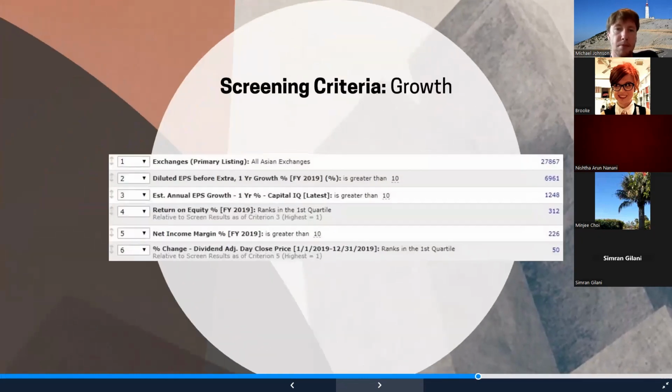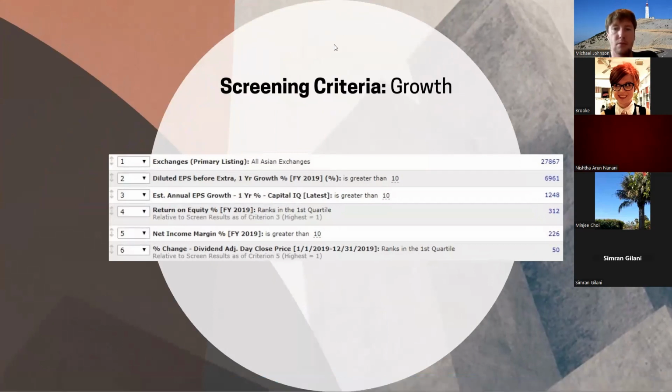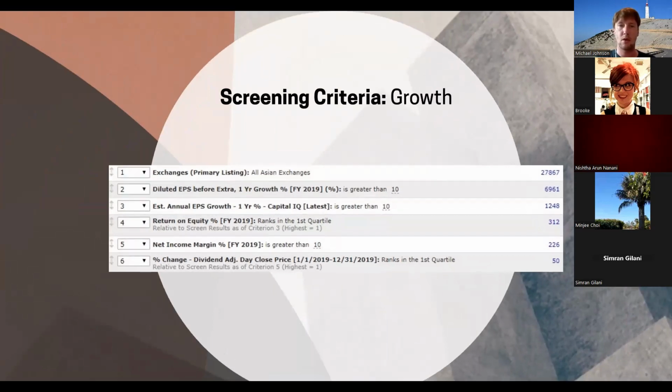So screening growth. So criteria, growth. So you're looking at exchange, EPS growth, return on equity, net income margin, and a dividends percentage.